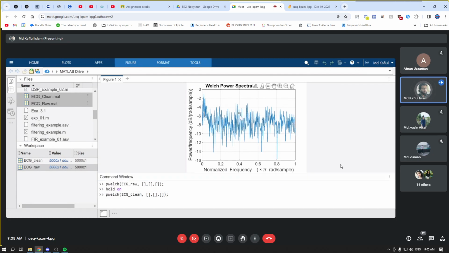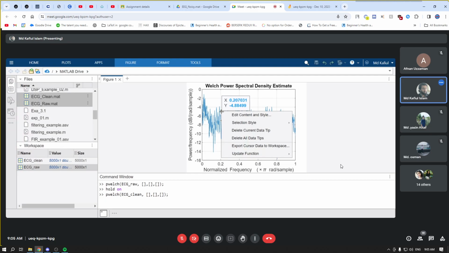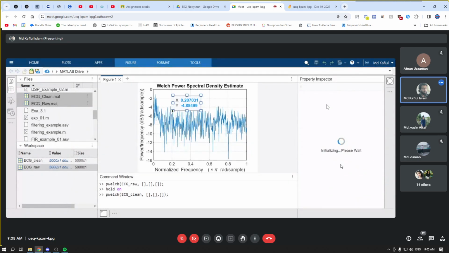So I just want to change the color of this graph so that we have a different color, and we can do the comparison and see the difference.